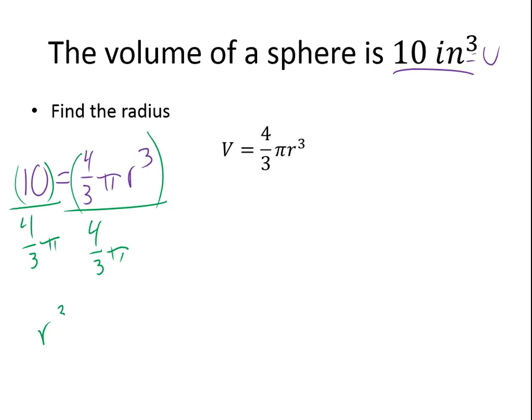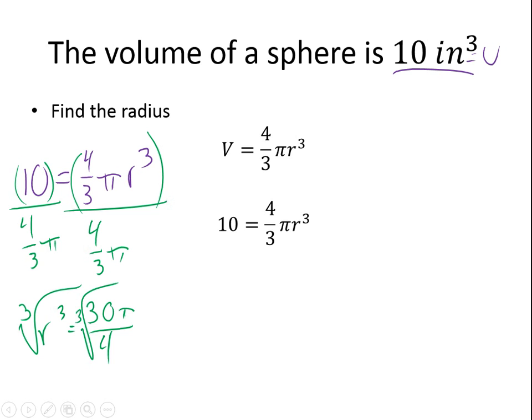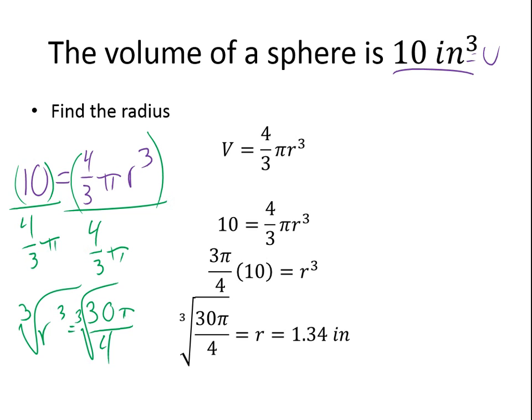That gets us r cubed is equal to about 30 pi over 4. And then we would take the cube root of it. Since we have something to the 3rd power, we'd want to take the 3rd root of it. And by using that, we estimate our number to be about 1.34 inches. So our radius for this sphere would be about 1.34 inches.